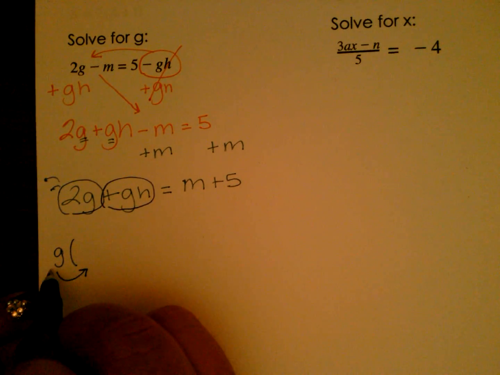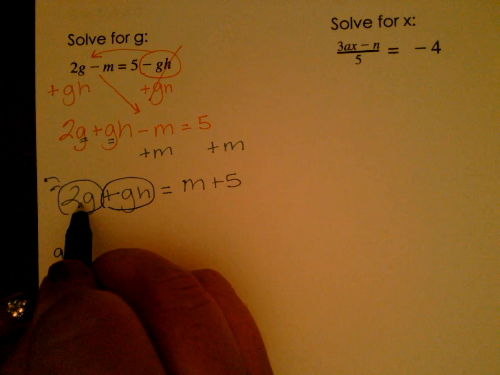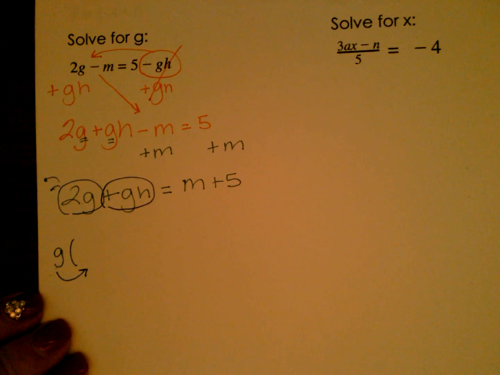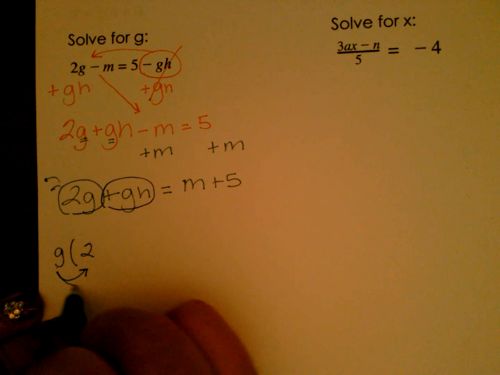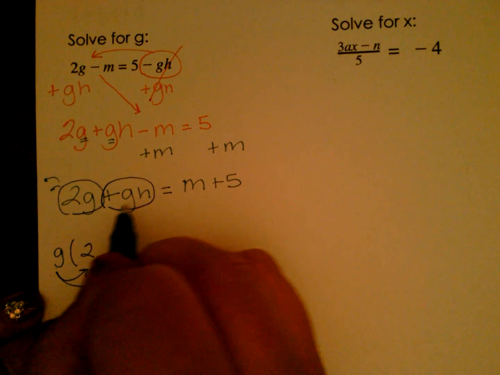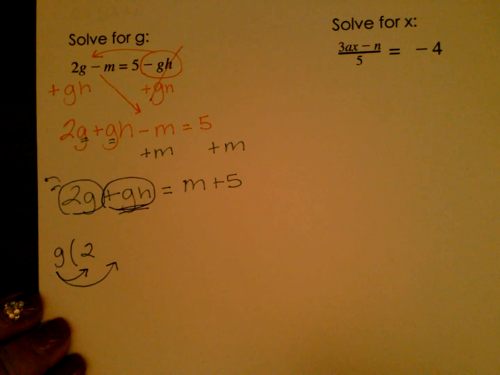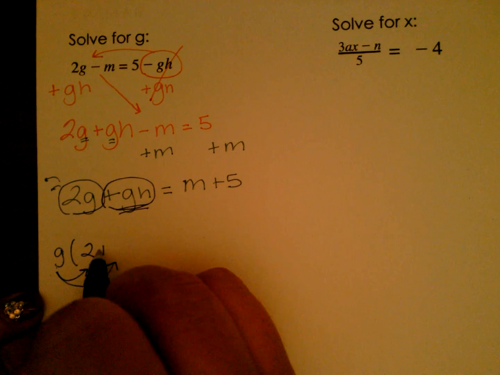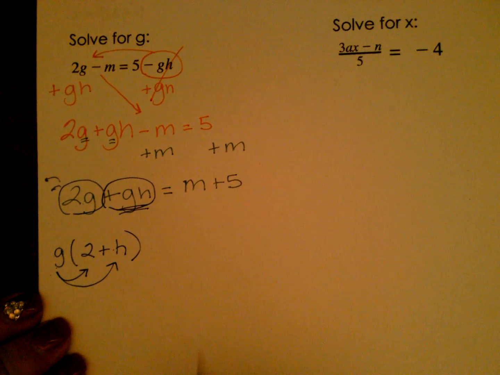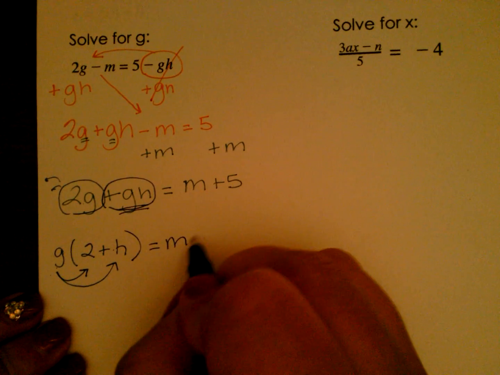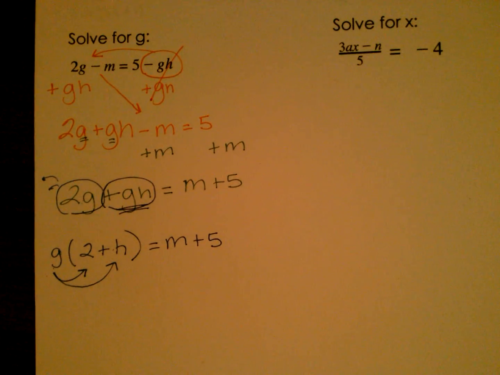I'll ask myself, G times what would get me back to 2G? 2. G times what will get me back to GH? H. If I distribute, I would get back to where I started. Copy down M plus 5.